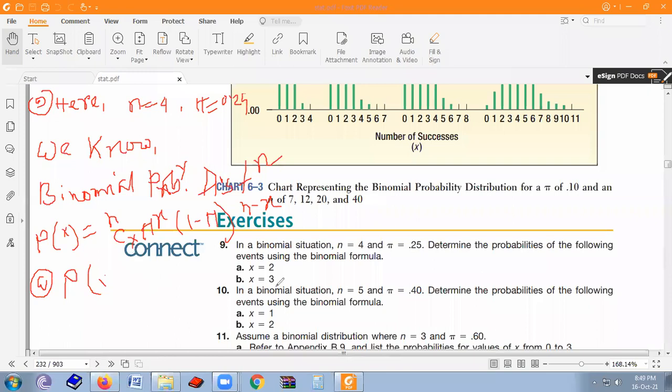I am writing a little away, on this side. Okay, this is equal to, so now we have to put the value of n, pi and x.